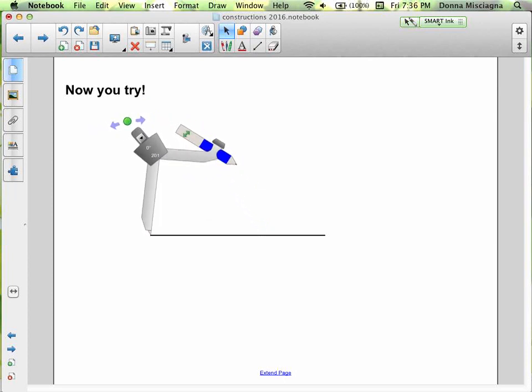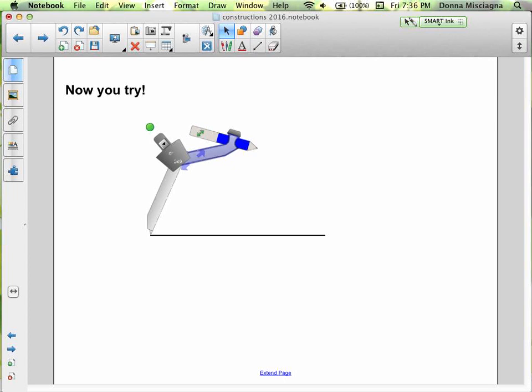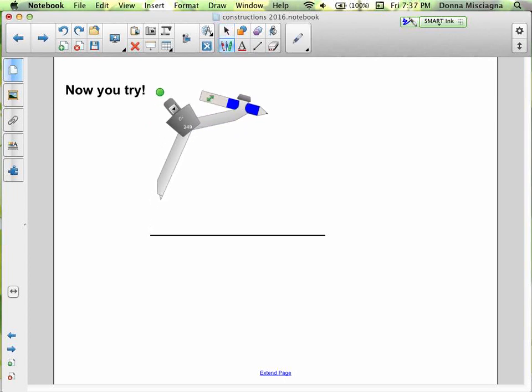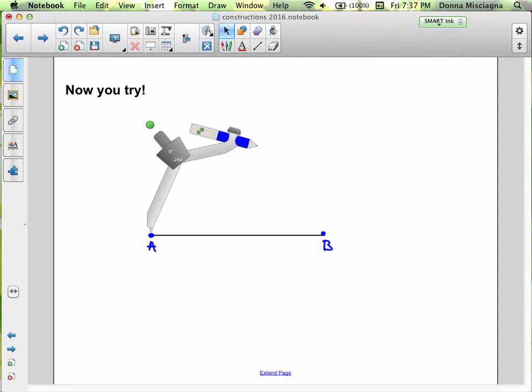Oh, I forgot to make my endpoints. Let's have point A and point B. I put the point of the compass on point A and draw an arc, a nice big arc.